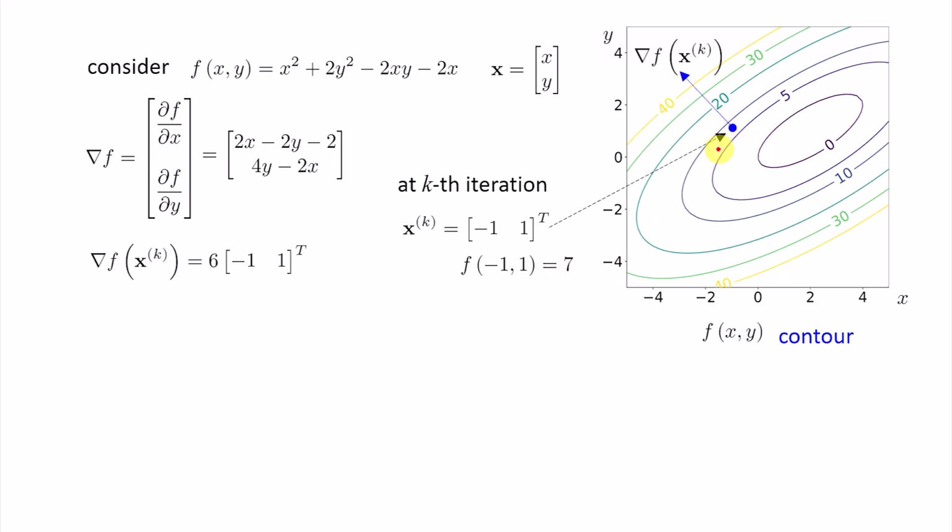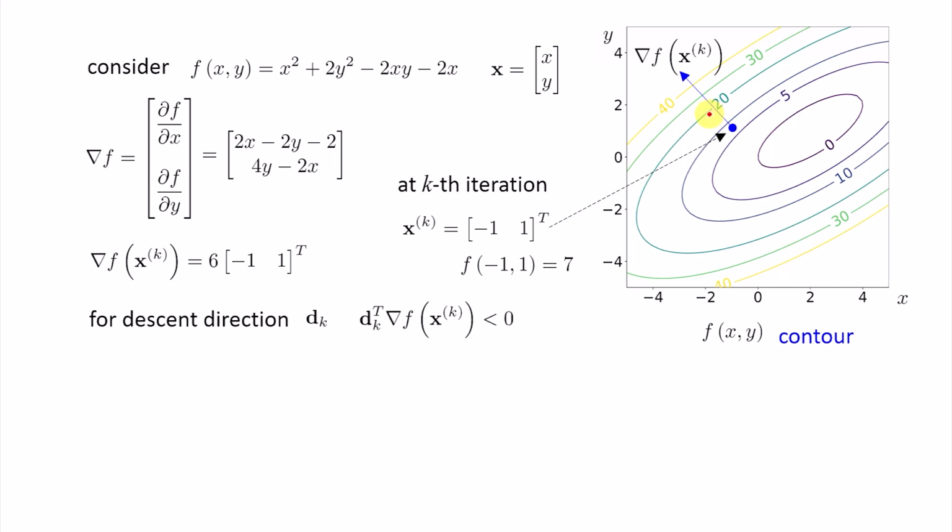And at this point, if I plug in this (-1, 1), I get this nabla f(xk) as [6, -1, 1] transpose. That means this is the direction of gradient, this blue line. It goes negative in x and then positive in y at 45 degrees here. So roughly this is the direction of our gradient.